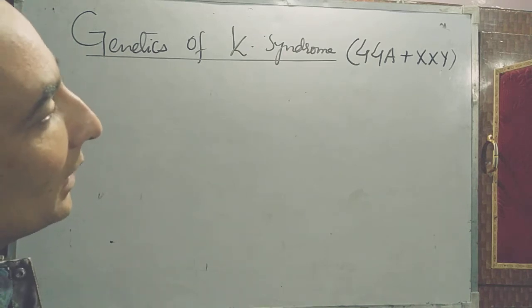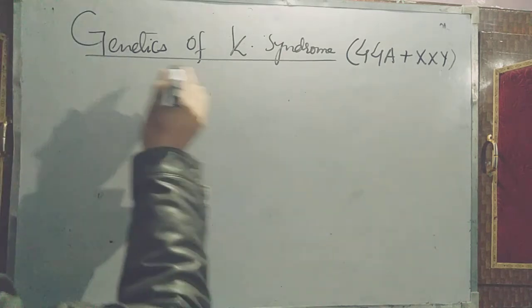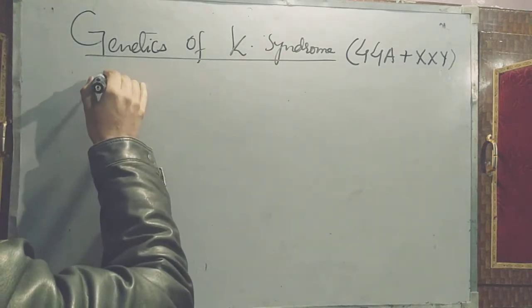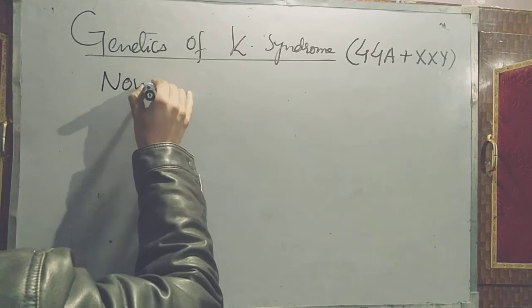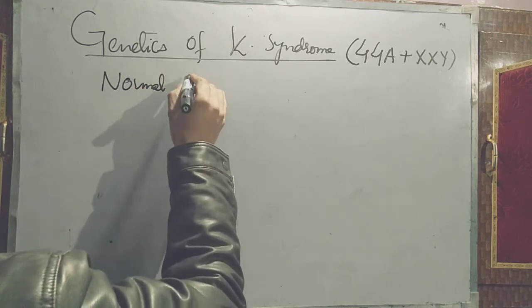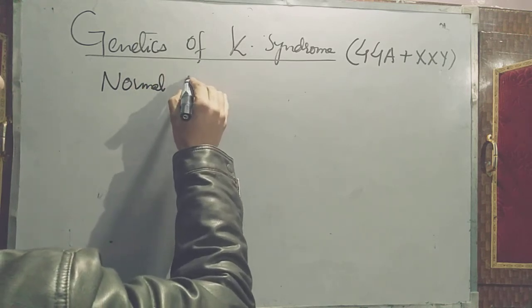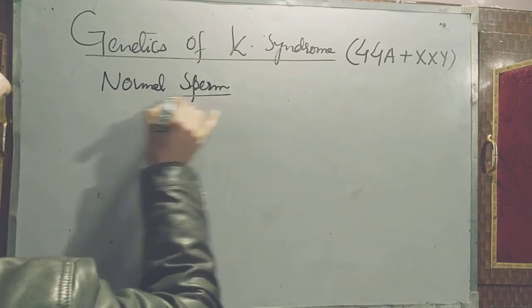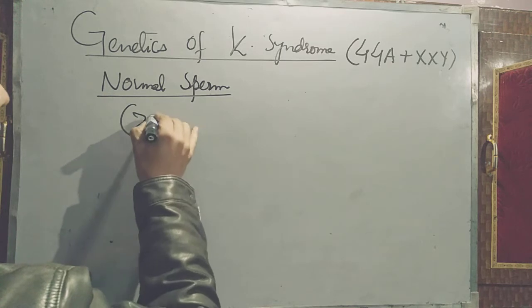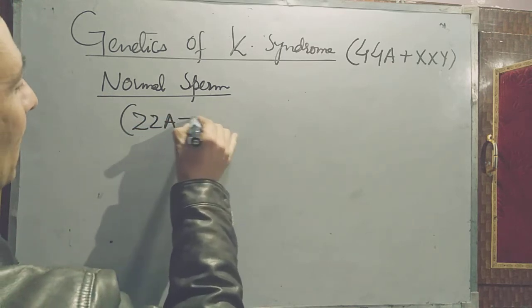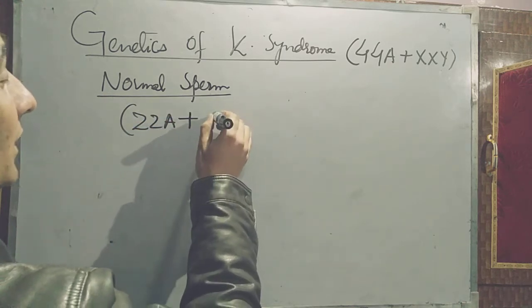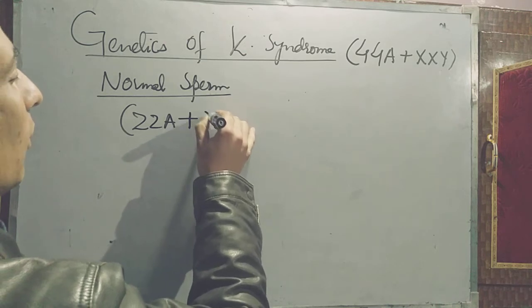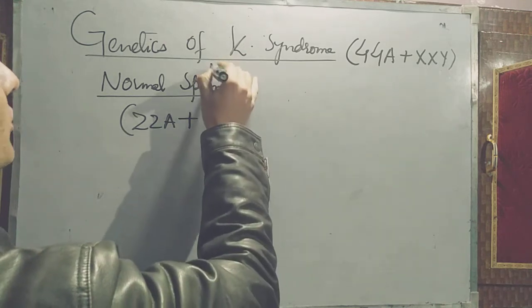You have to understand over here that if a normal sperm, what we call a normal sperm, has chromosome number 22A plus Y. This is androsperm.